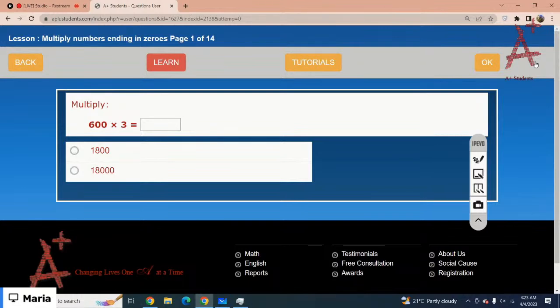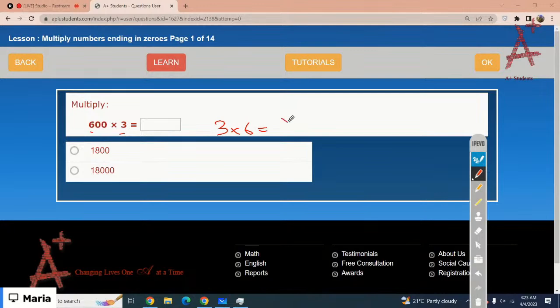Yes, 3 times 6 makes 18, and then you can add the zeros. Just do 3 times 6 because they are the non-zero values. There you have two zeros with 600, so you can add the zeros at the end. So it would be 1800. The correct option is 1800.